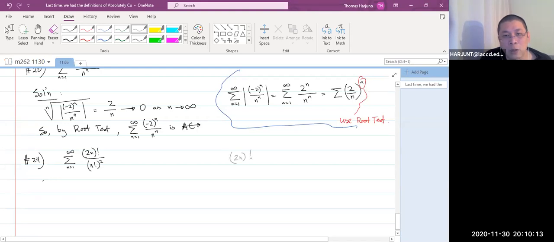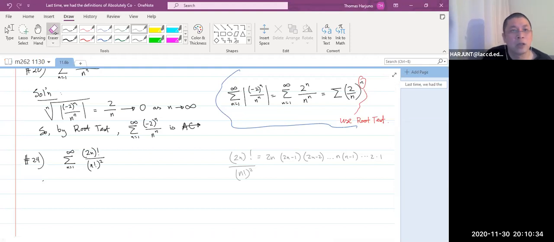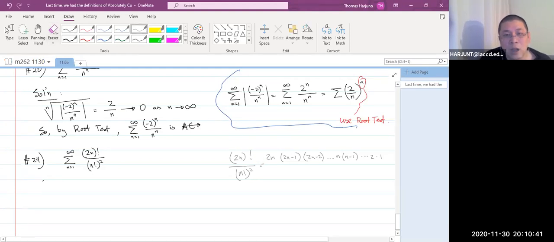2n factorial will start from 2n and then 2n minus 1, 2n minus 2, all the way down to n, and then n minus 1, n minus 2, down to 1. While the denominator, n factorial squared, is n factorial times n factorial, right?